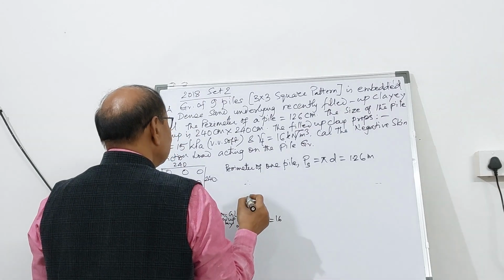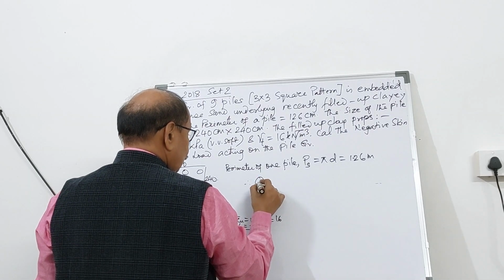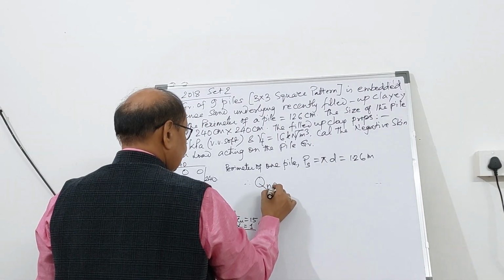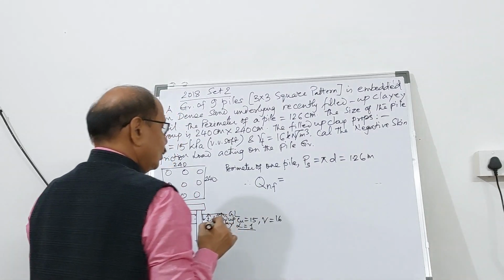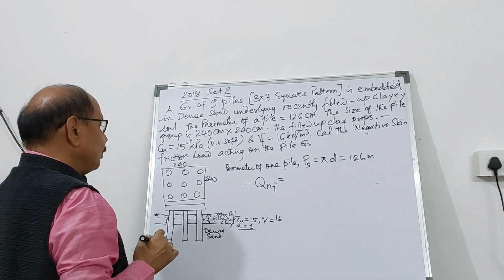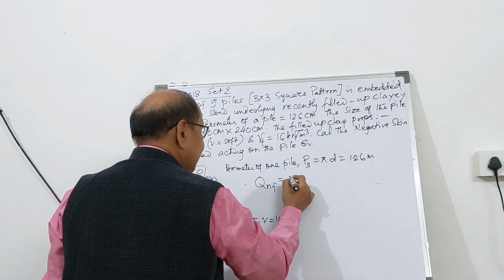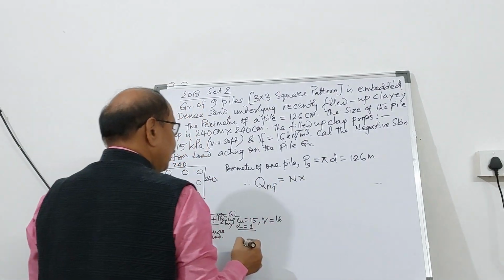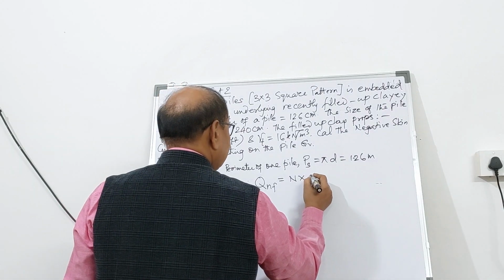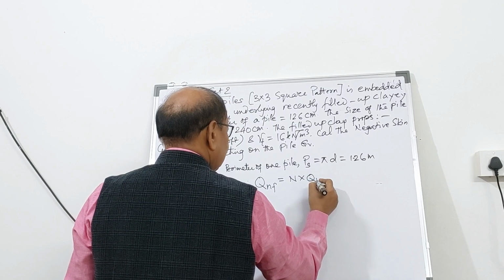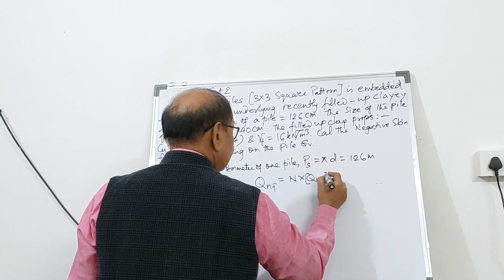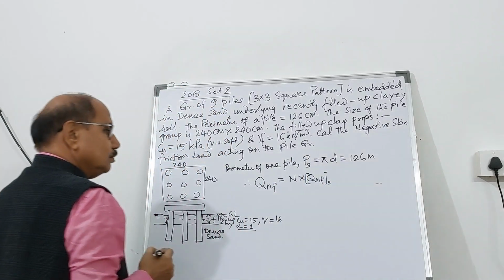The negative friction load Q, negative friction load in kilonewton, will depend upon what is the number of piles multiplied by the negative friction developed on single pile, right?